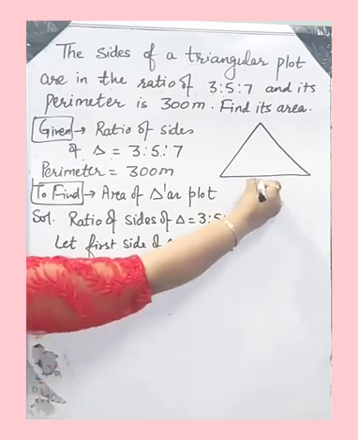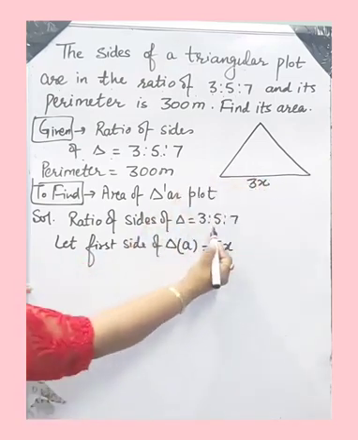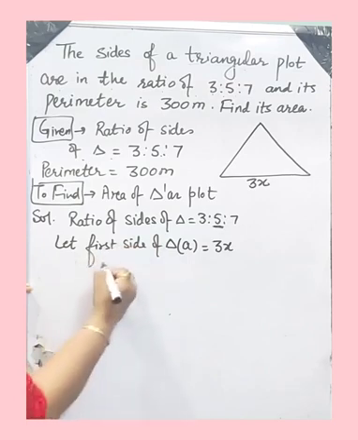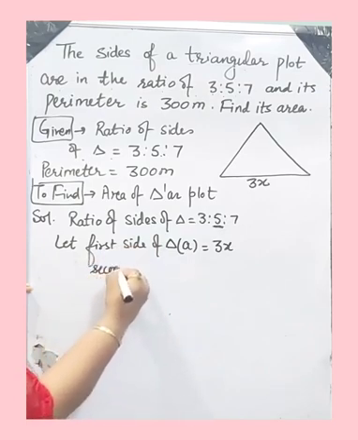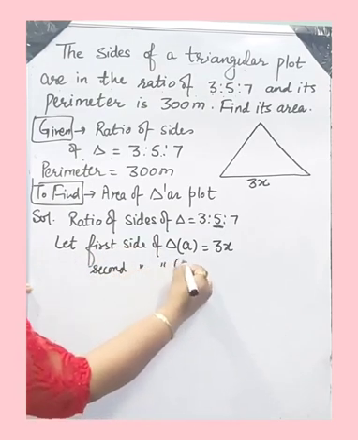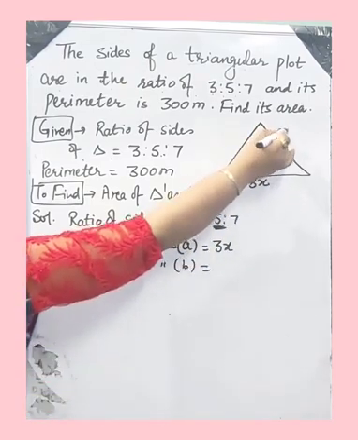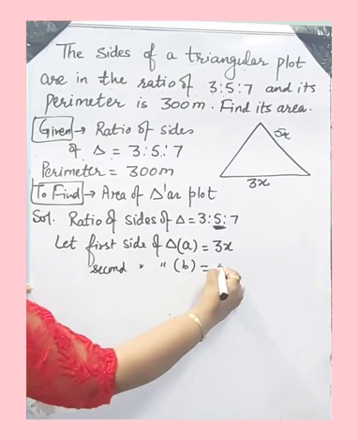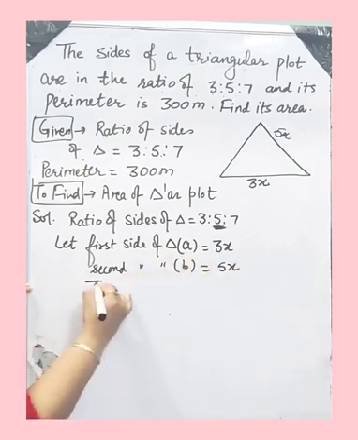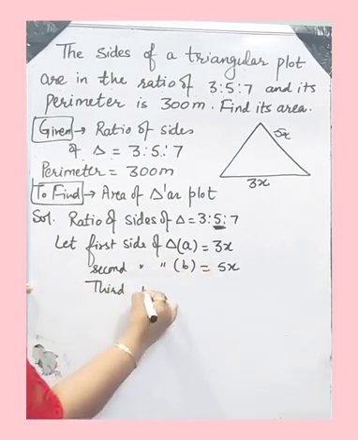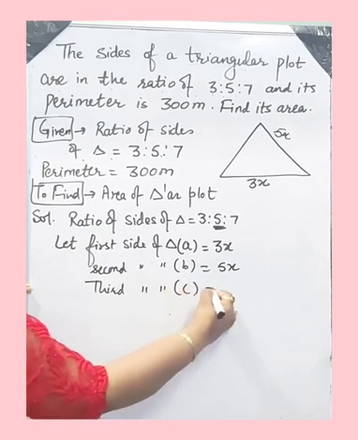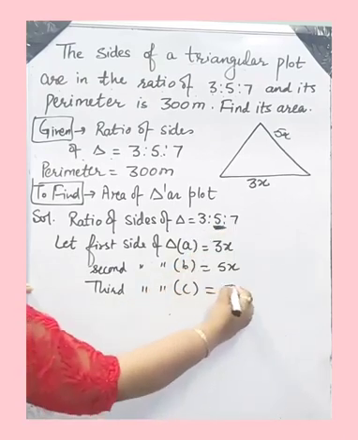First side of a triangle is 3x. Now what will be second side? Second side of triangle, which is B, which is equal to 5x. And third side of a triangle, which is C, and it will equal to 7x.